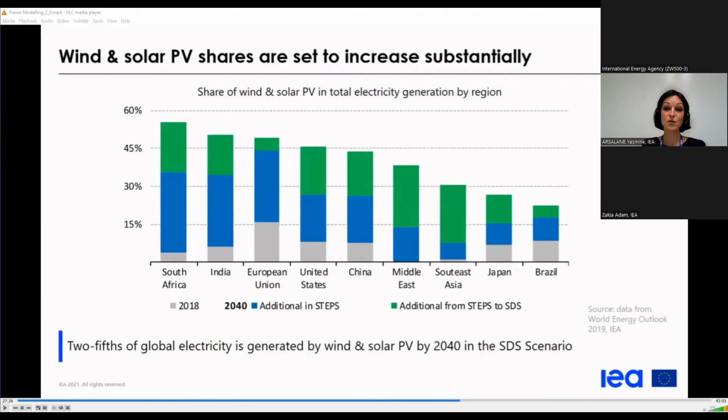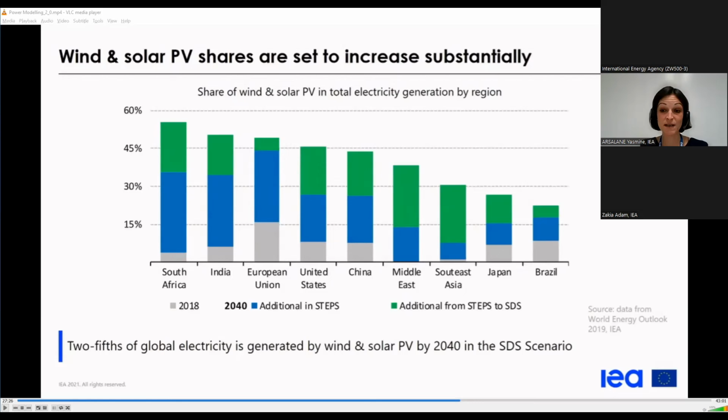Now, with the current situation with the war in Ukraine, we've seen that gas prices have been reaching historical records. Gas is currently just a very few percent of the actual electricity supply, but because of this mechanism where the last plant called is the one setting the price, for the European Union we were seeing very, very high electricity prices.